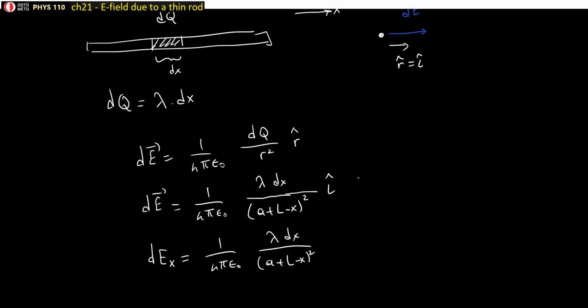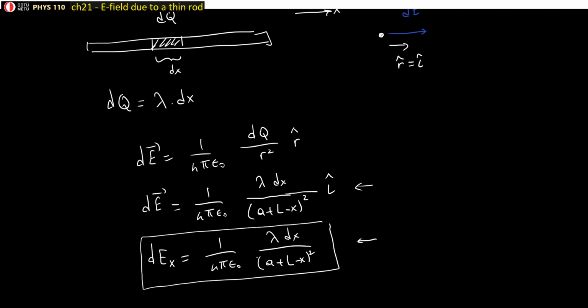So instead of integrating this, I'm going to integrate this. For this problem, it doesn't seem to be important, but for other problems where the direction of the electric field might be changing depending on the piece in here, this is going to be important. And so as a result, we should always try to integrate the Cartesian components of the electric field.